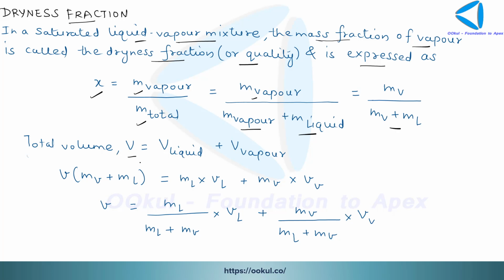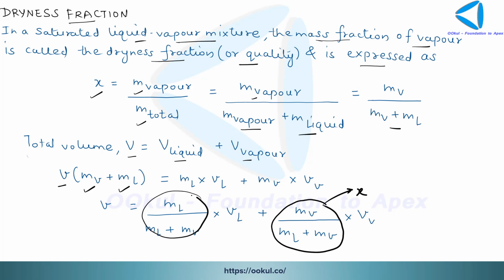Now let us take the total volume as the volume of liquid plus the volume of vapor, which is equal to ml into vL plus mv into vV, where v denotes specific volume. Dividing this whole equation by mv plus ml, we get v equal to ml over (ml plus mv) into vL plus mv over (ml plus mv) into vV. This second ratio is your dryness fraction, and the first will be 1 minus dryness fraction.